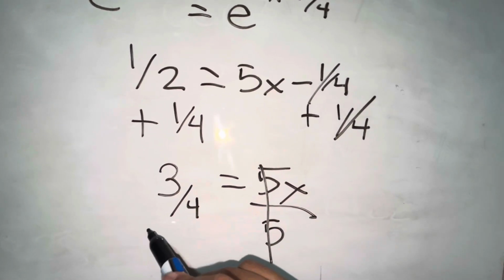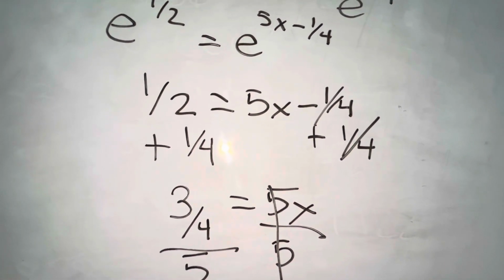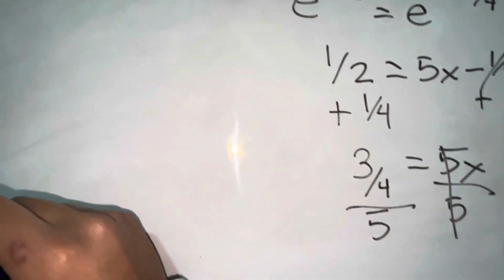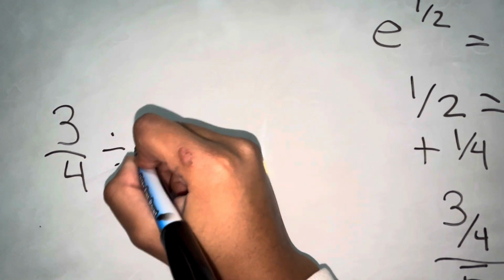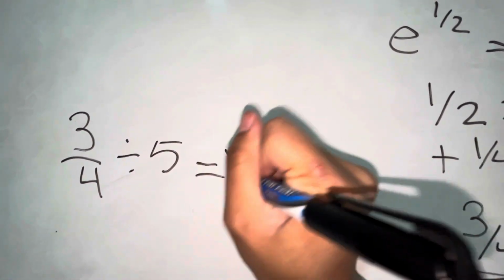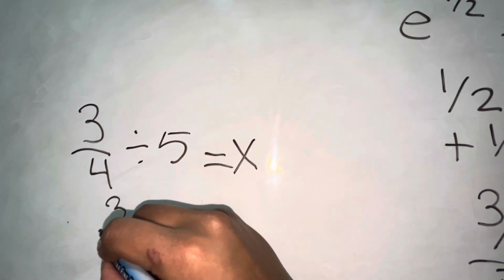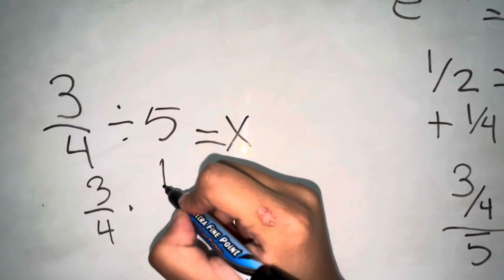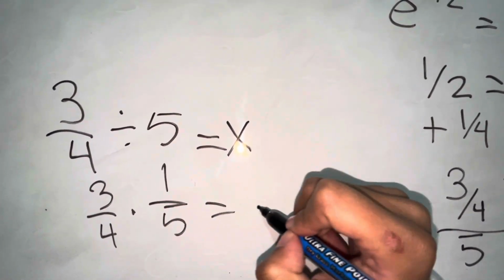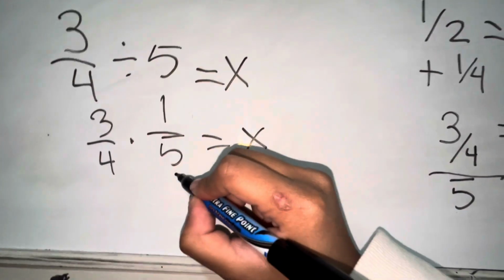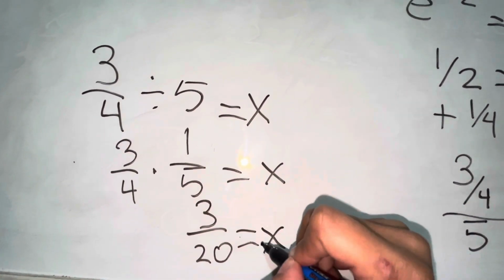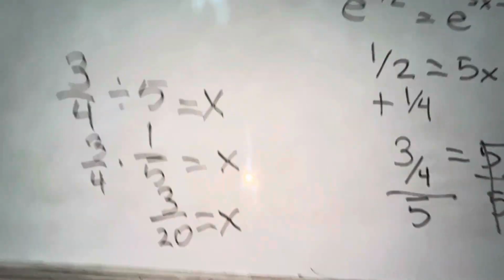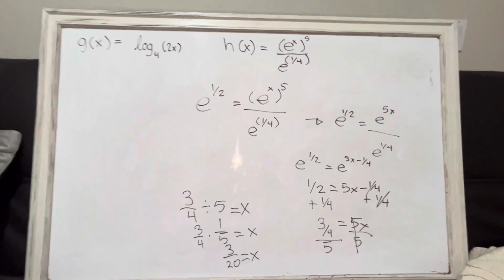And then we can divide this too. So 3 over 4 divided by 5, which equals x, is basically saying 3 over 4 times 1 over 5, because you're doing keep, change, flip, which is then 3 over 20 equals x. And that's how you solve the problem.